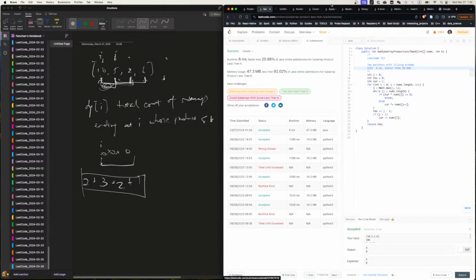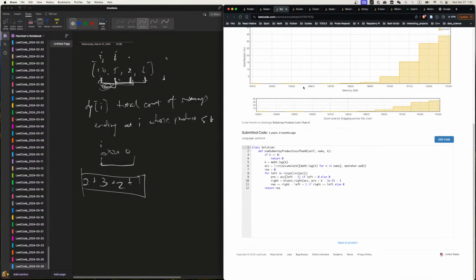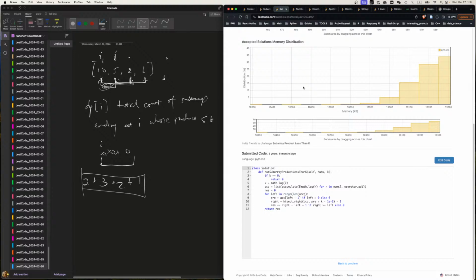Let's take a look. Is this two-pointer, accumulate, binary search? Master log n.